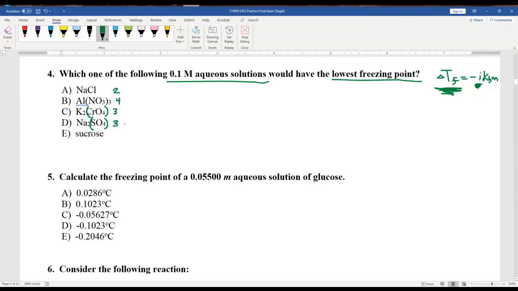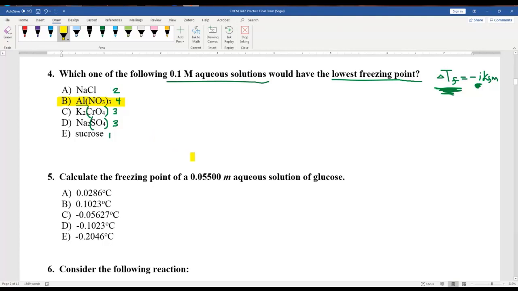So this definitely requires you to know your polyatomic ions. And of course, sucrose is molecular, so it would just be 1. And clearly then, aluminum nitrate is going to be your lowest freezing point, or the most negative freezing point.